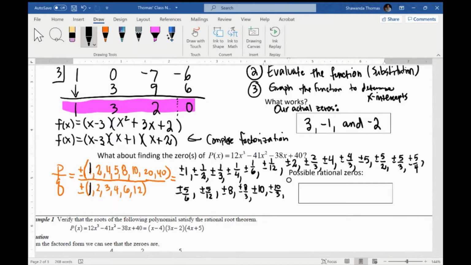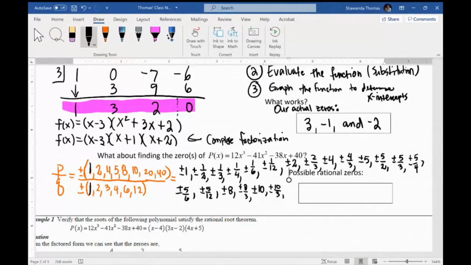We already got it. 10 divided by 6 is 5 thirds. We already got that. 10 divided by 12 is 5 over 6. We already got it.